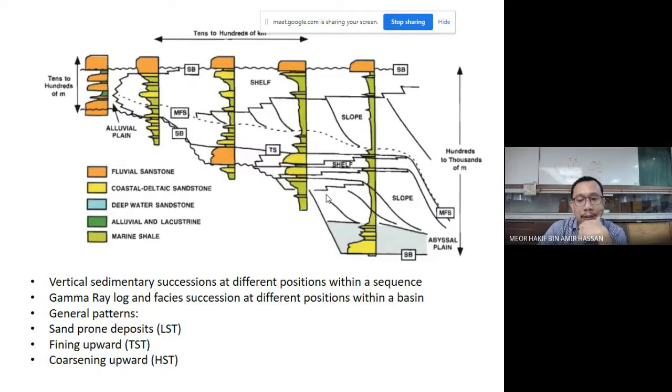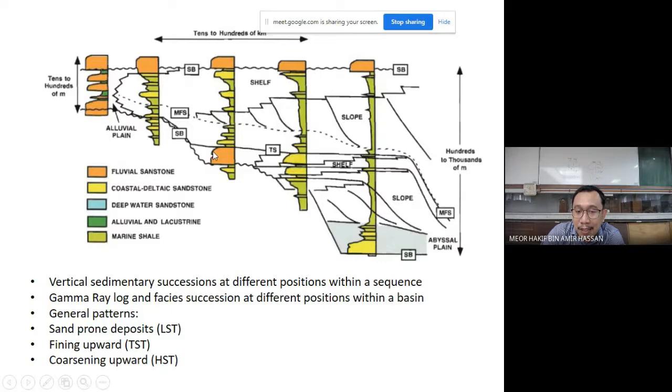So when you go to other parts, the pattern is still the same but different facies, right? Here on the shelf itself, you have fluvial sandstones at the bottom, followed by shelf deposits, and it's fining upward during the TST, and then it coarsens upward again during the HST. But the same pattern.